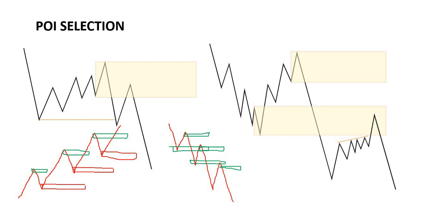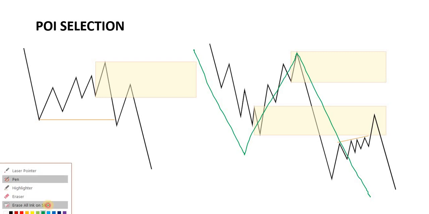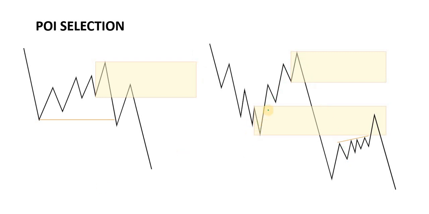Just to make it clearer, use this diagram. Now this is downtrend. This is impulse, correction, impulse. So any move that sponsored the retracement or the correction is the secondary point of interest, while the move that sponsored this impulse is the primary point of interest.